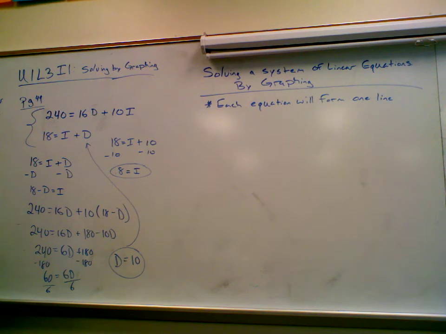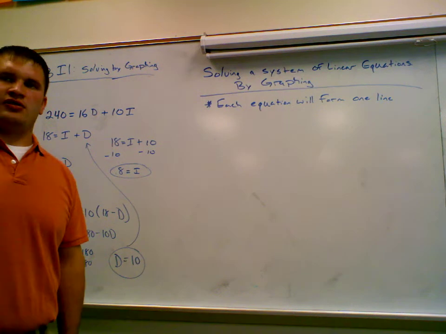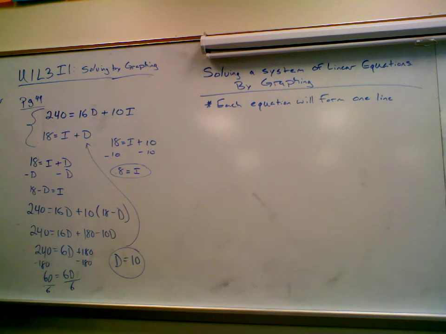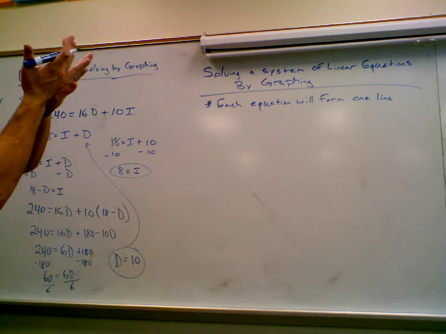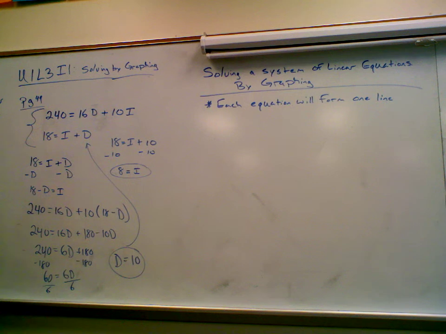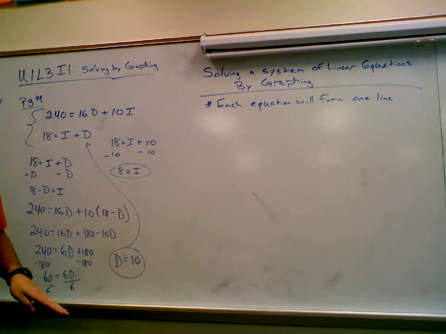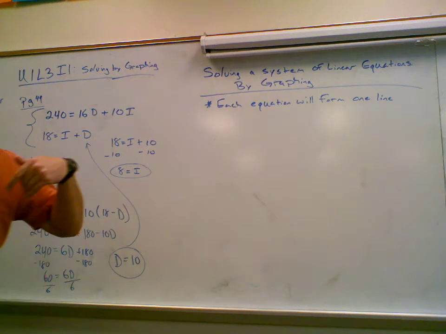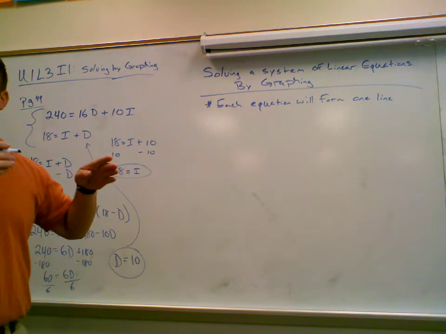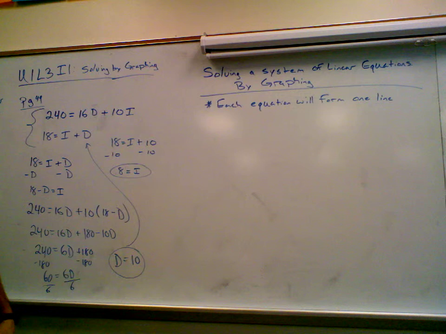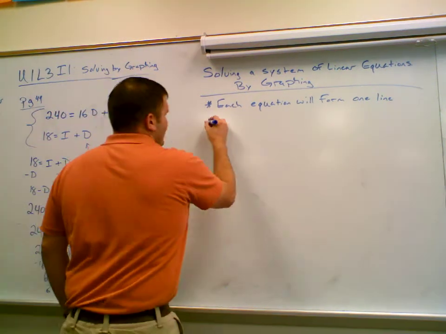Once. Can they intersect 0 times? Yes. Could they intersect an infinite number of times? Yes. If I have two lines that are exactly the same, one going right on top of the other, they intersect an infinite number of times. But so far, we're just going to look at where they intersect one time.